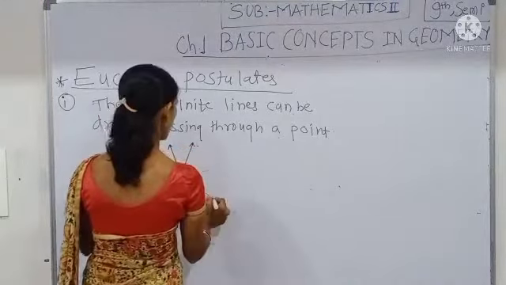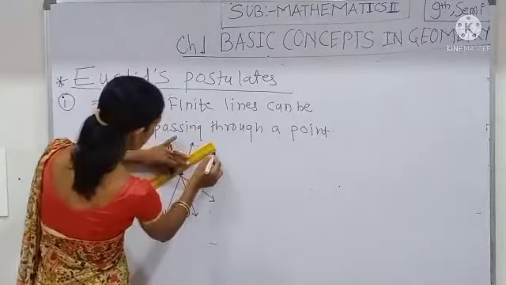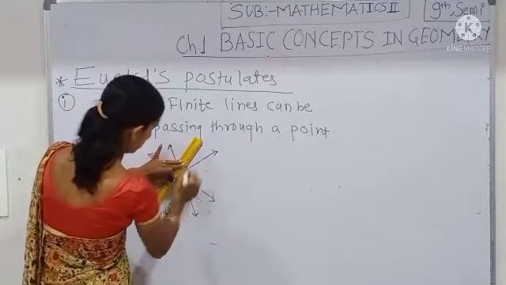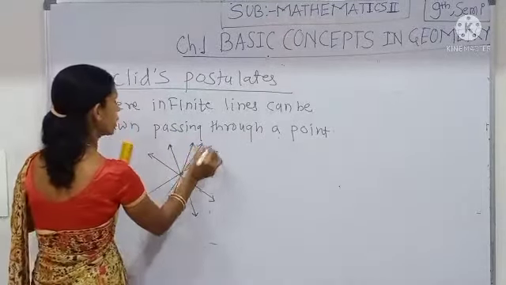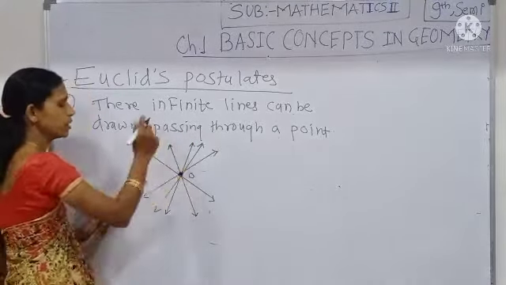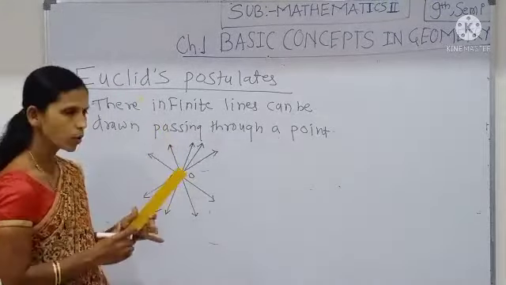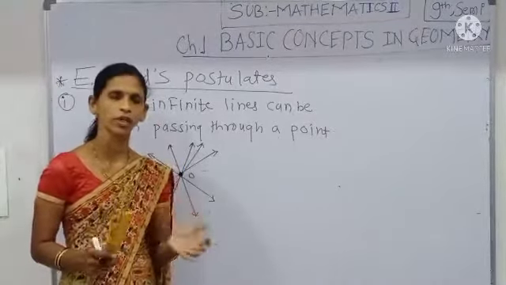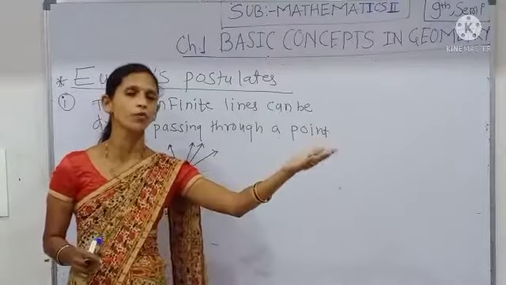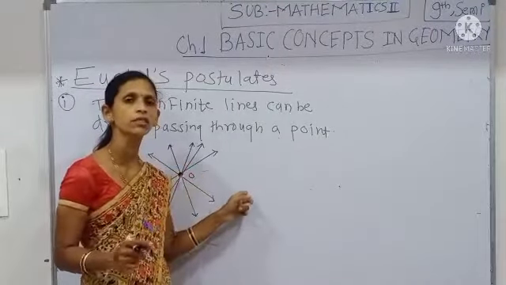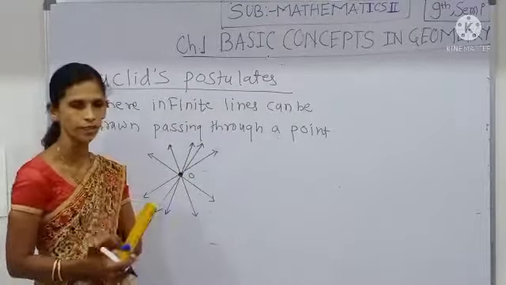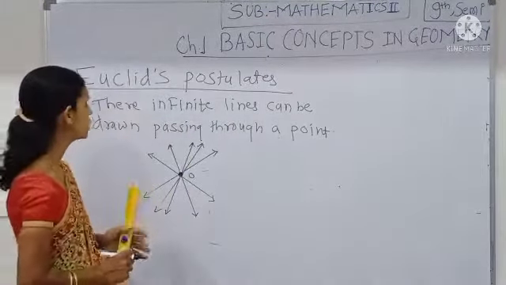How many lines can pass through a single point? Like that, we can draw infinite lines passing through that single point. That property can be used to prove other properties based on this statement. Therefore, that is one of the postulates given by Euclid.